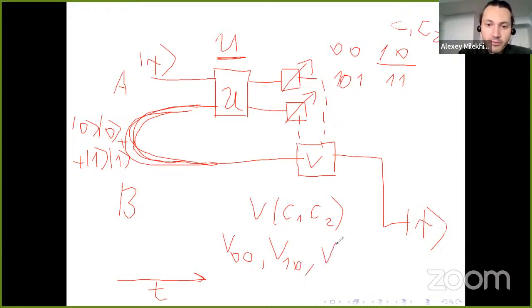So there are 4 different 2 by 2 matrices depending on the measurement outcome, and she needs to supply this information to Bob in order for him to choose the right V.